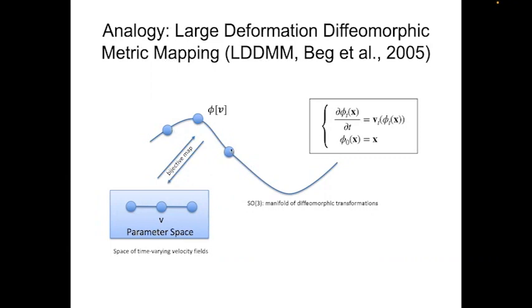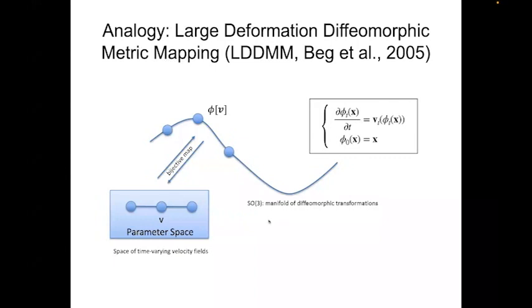So this differential equation acts as a kind of black box that takes as an input the smooth velocity field, which we can take two smooth velocity fields, average them, and we still get a smooth velocity field. And you put it through this equation, and out you get a diffeomorphism that lies on this manifold of diffeomorphisms. So, here's a differential equation being used to map from a parameter space to a constrained space.